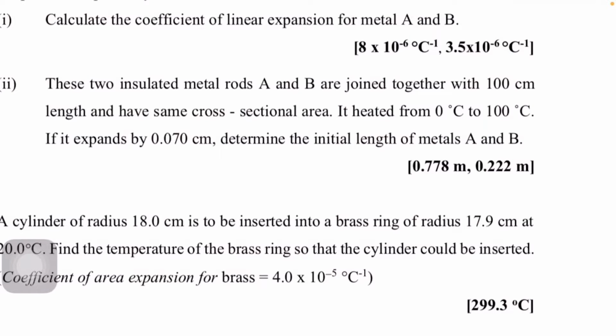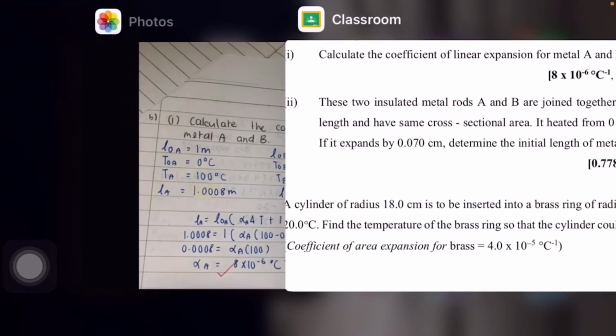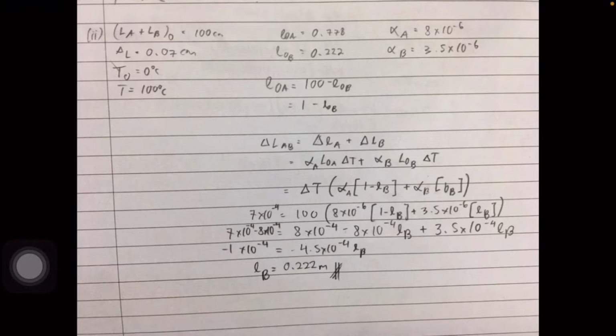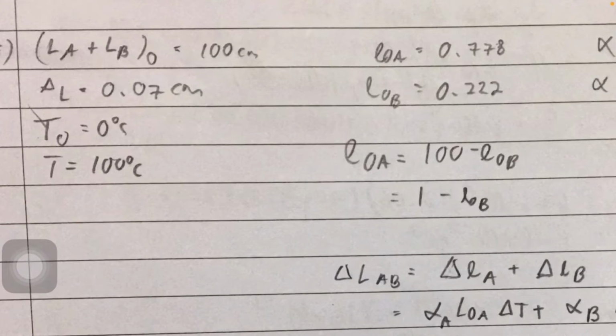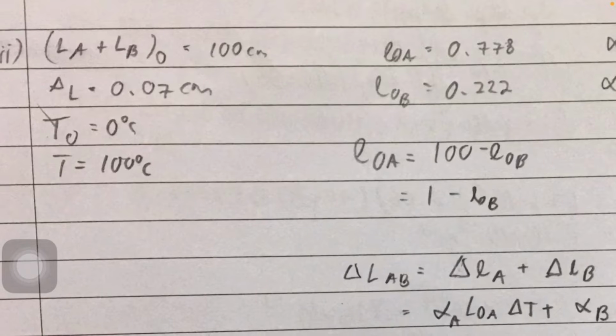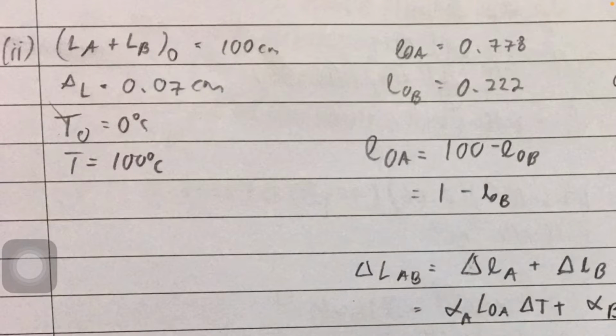So in this question, we want the initial length of A and the initial length of B. For the first step, we must take out all the information in the question. We know the total of the initial length of A and the initial length of B is 100 cm, and the change of length is 0.07 cm.